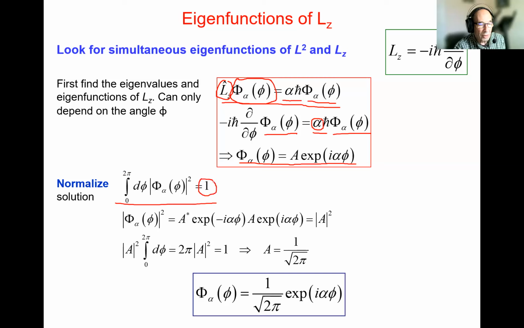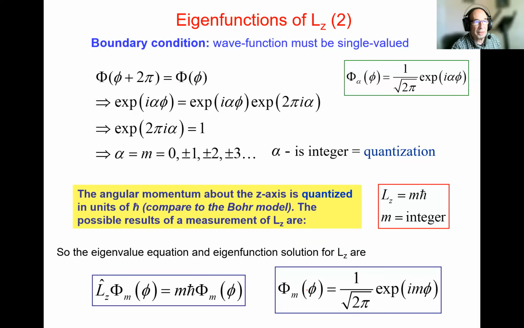This is a very powerful method because it allows us to find this coefficient A. Because of this normalization condition, we find that A is equal to 1 over the square root of 2 pi. So we know that this wave function should look like this. This is a relatively simple solution of a differential equation.